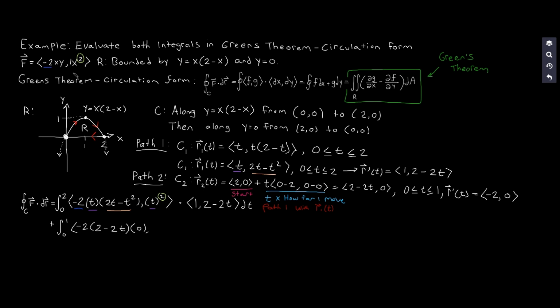And well, y is x, and here we've established that x is 2 minus 2t. But we have to square it because that's the rule in the original vector. So we square it, and then we dot it with the derivative.